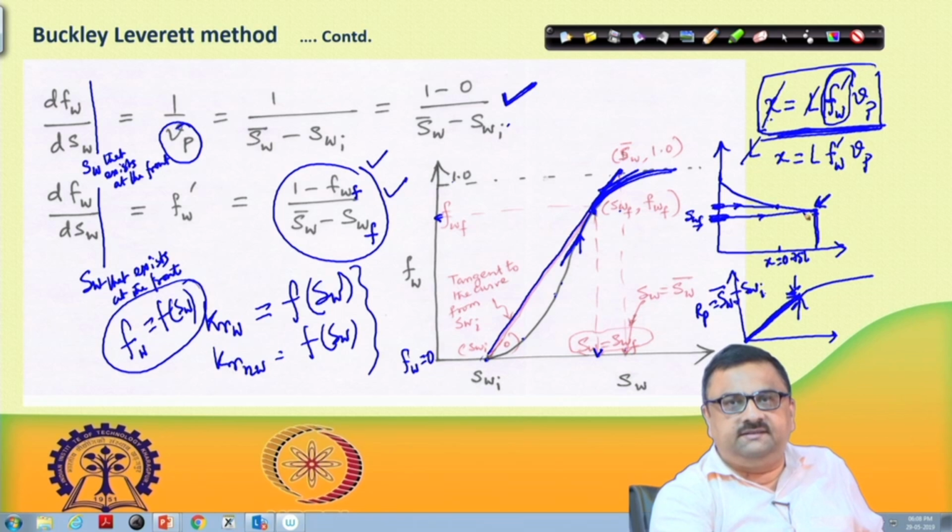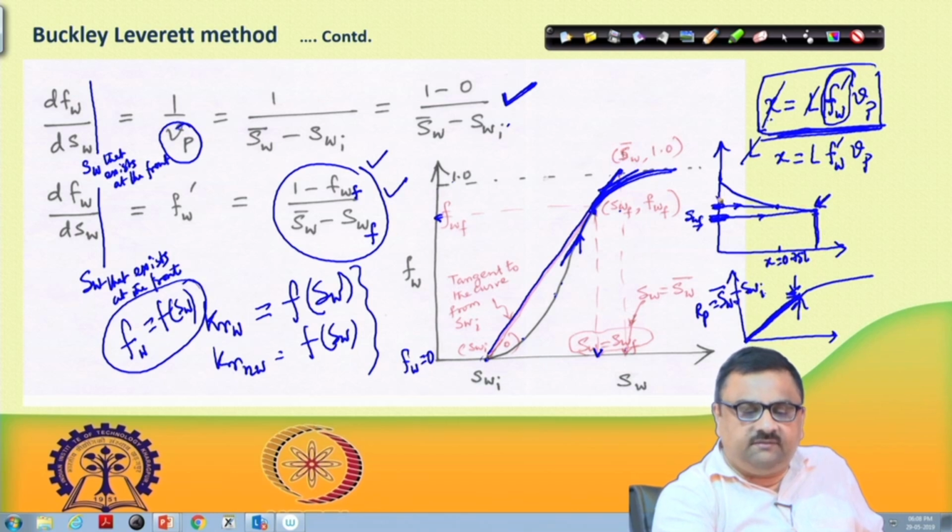Now, I am just interested in the saturation at any intermediate location. So, Vp is fixed. For the same Vp, we are looking at different saturation packets, how far they have travelled. Vp is fixed, L is fixed, and Fw prime varies.